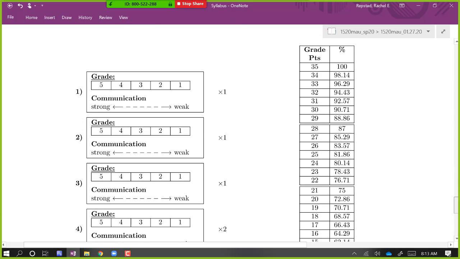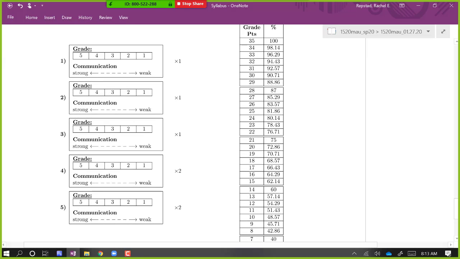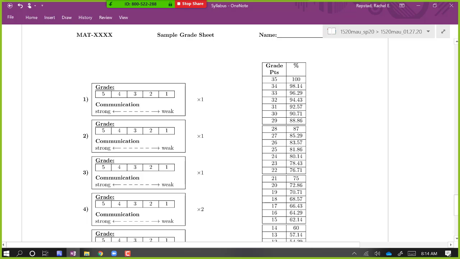When you get something back, you'll have this grade sheet on it, like a grading cover sheet. You'll see there's a box for each problem. And then next to it is a little ×1 or ×2, and that's the weight of each problem. So problems that are longer or maybe harder or a little bit more involved might be a ×2 problem.